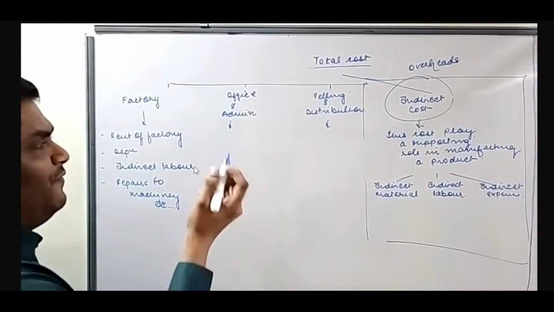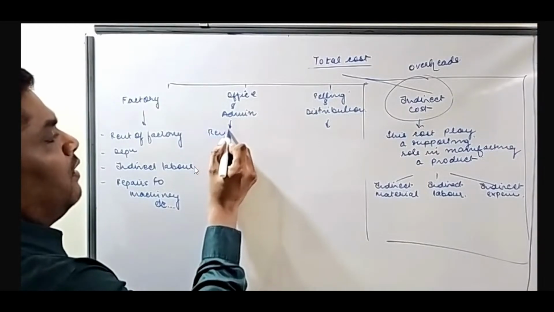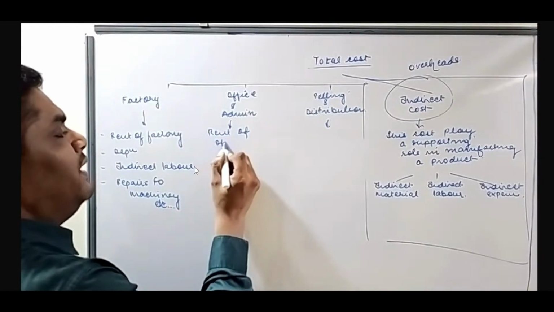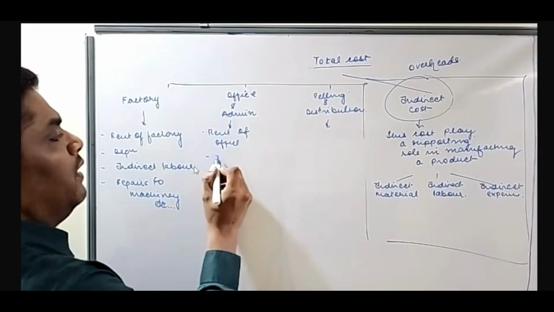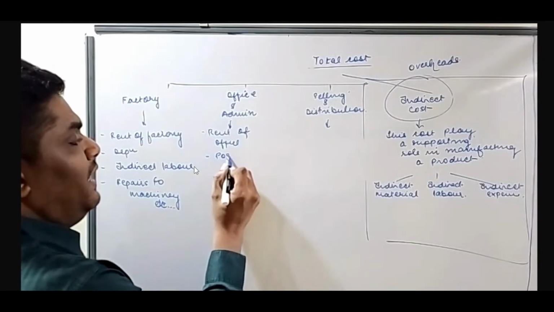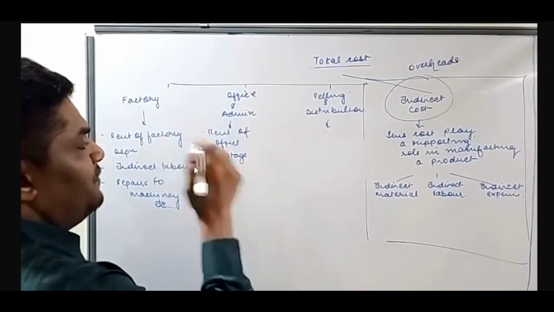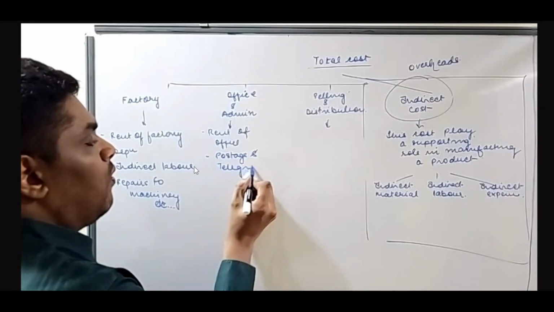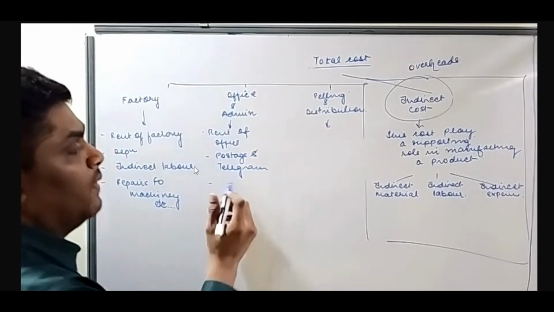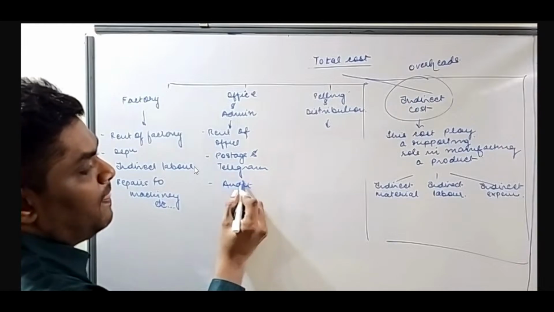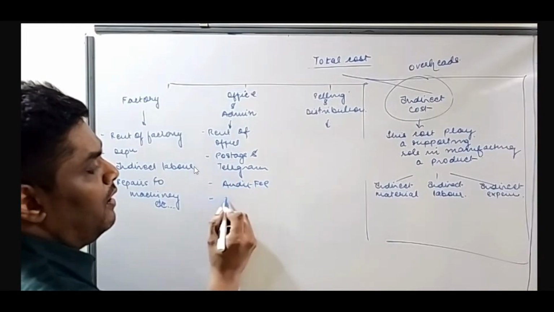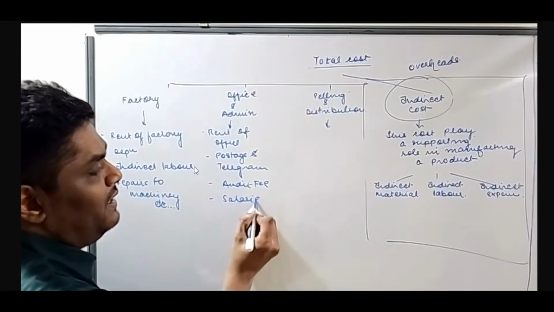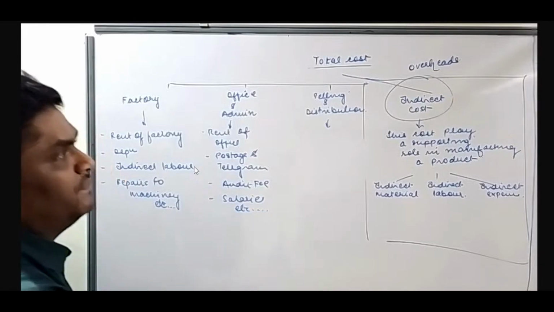When talking about office and administration, again, rent of office building. It can be postage and telegram. If given straight away, then we'll put it in office and administration. Audit fees. If salaries are given, then salaries, etc.